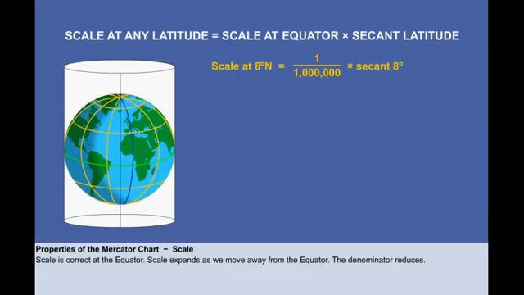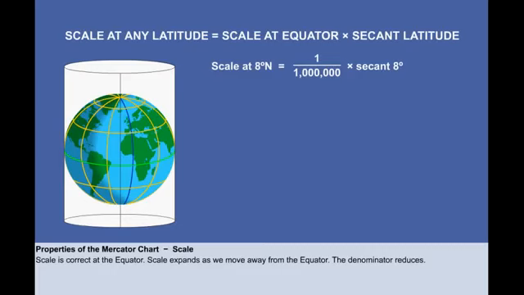The equation now becomes: scale at 8 degrees north equals 1 to 1 million times secant 8 degrees. However, we don't have a secant function on our calculators. More importantly, representative fractions are always expressed with 1 as the numerator.